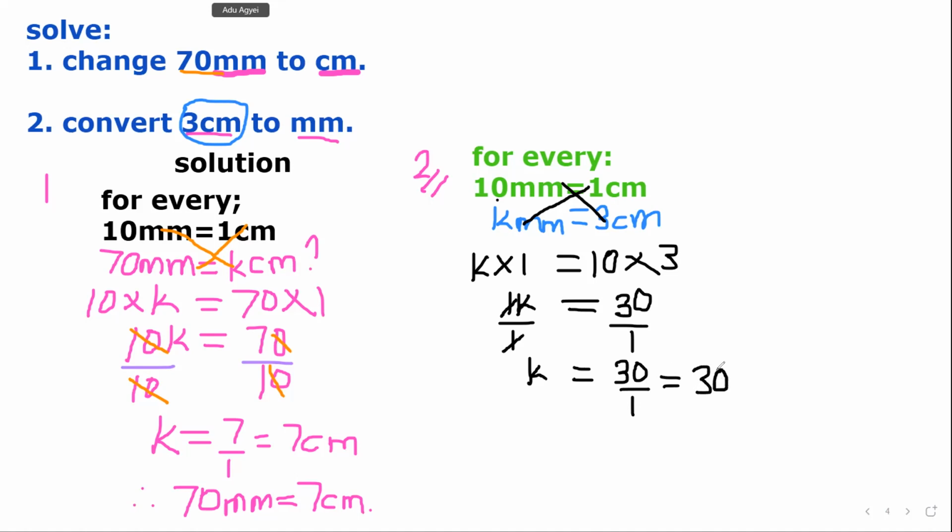So because k is used to represent the millimeters here, your answer here must be in millimeters.